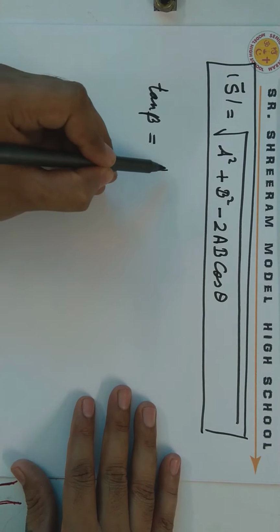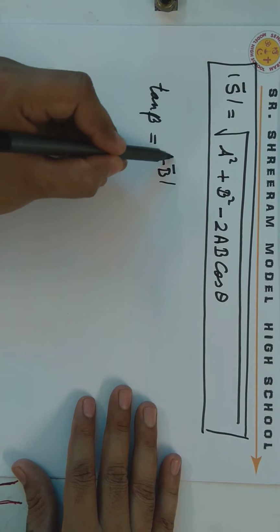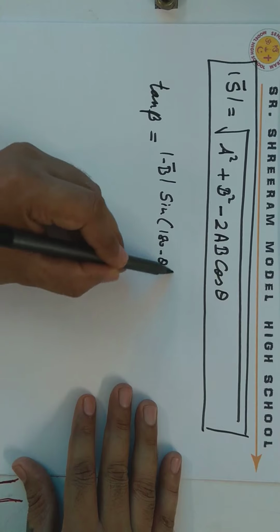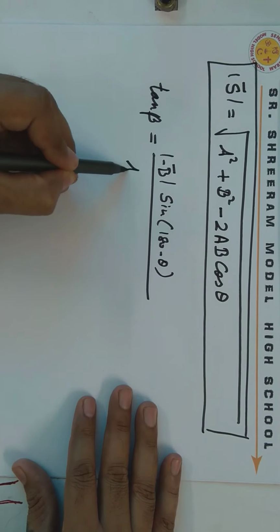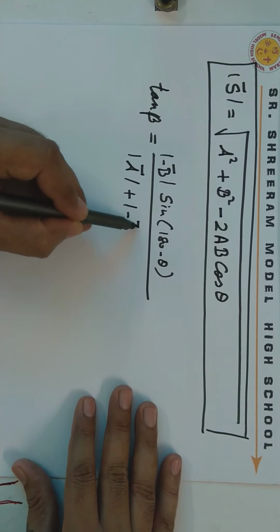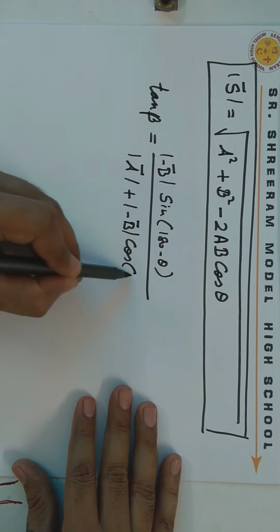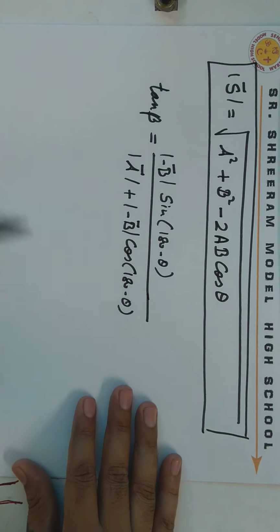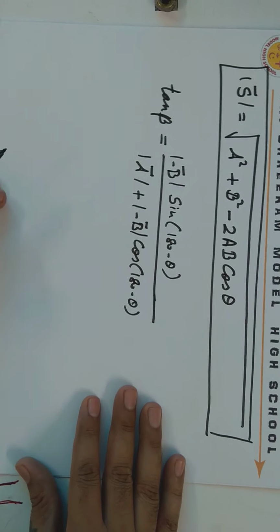So it becomes magnitude of minus B vector sine 180 minus theta divided by A vector plus minus B vector cos 180 minus theta, as the angle between A and minus B is 180 minus theta.